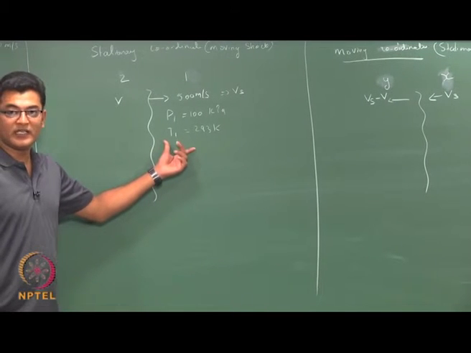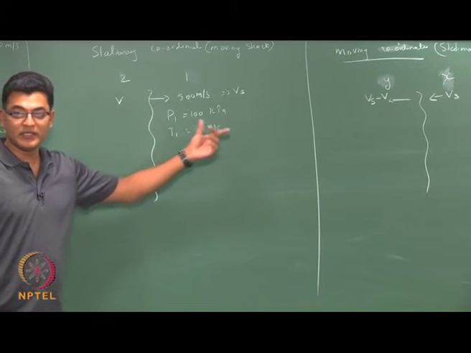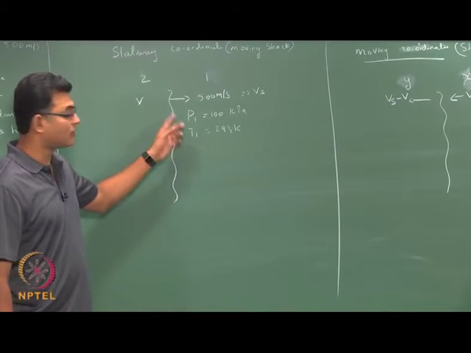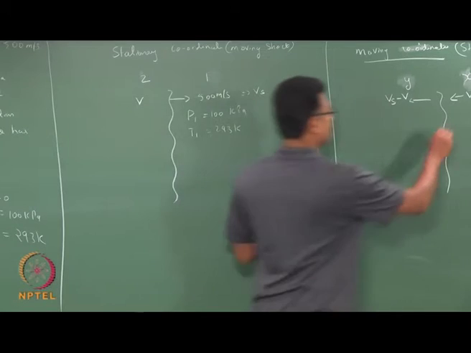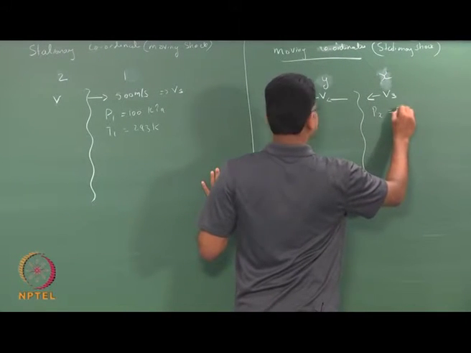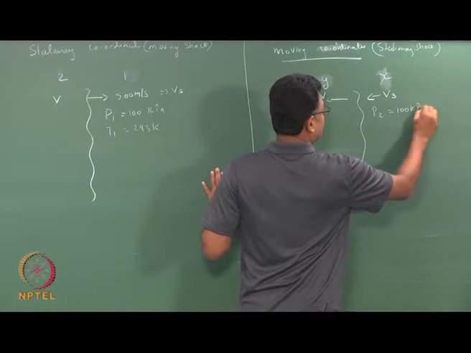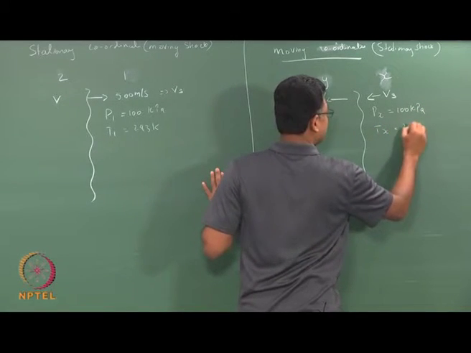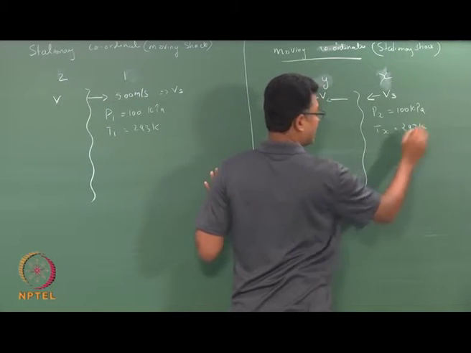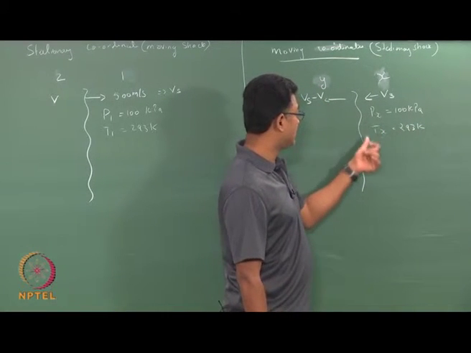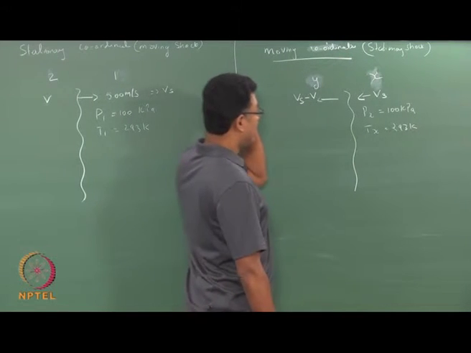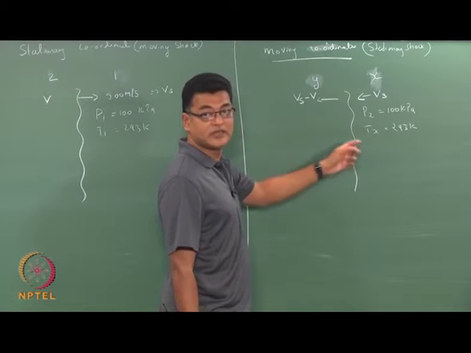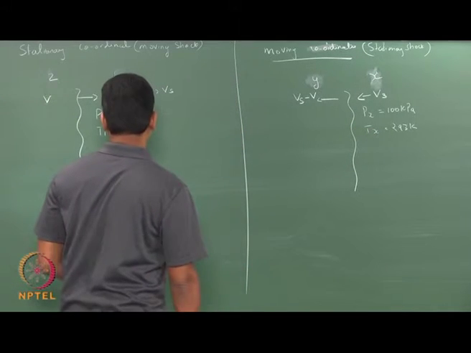We know that this static pressure and temperature would be same as in the coordinates whether it is moving or stationary. So this is also our Px and Tx. So Px is 100 kilopascal, Tx is 293 Kelvin. So in this stationary coordinates or moving coordinates or stationary shock wave, we have the static quantities the same as what is written here.